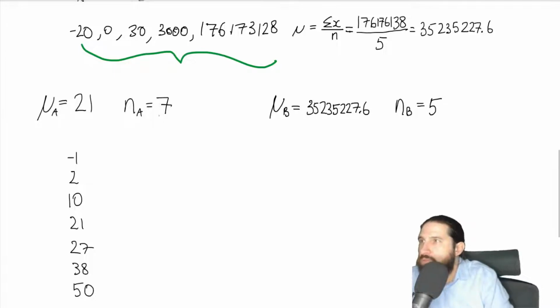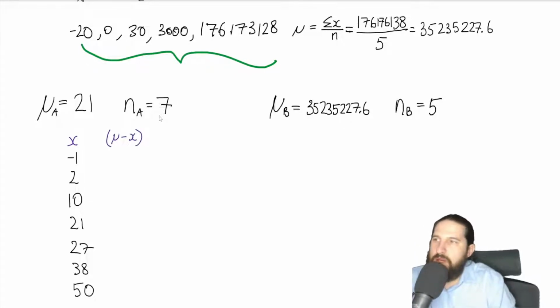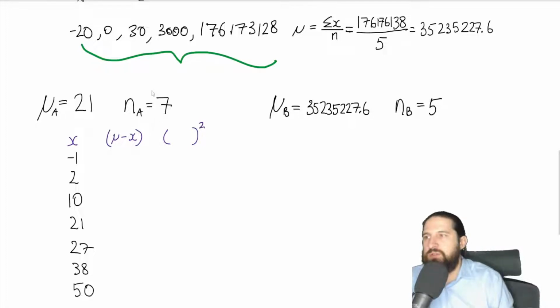Okay. So what we're going to need to examine, this is x. What we want to look at is sort of, mu minus x, or x minus mu. It actually doesn't matter because what we're going to do next is square whatever we have here. Okay? So let's just sort of like take even the absolute value, just sort of how far away is it?